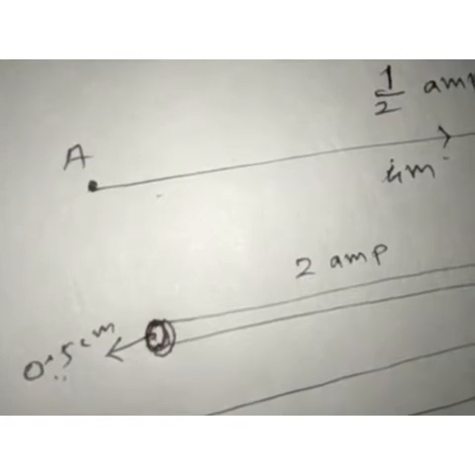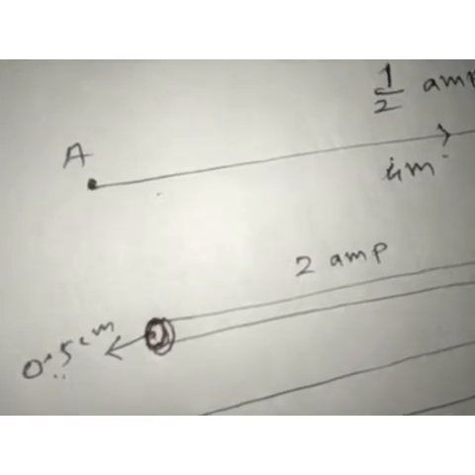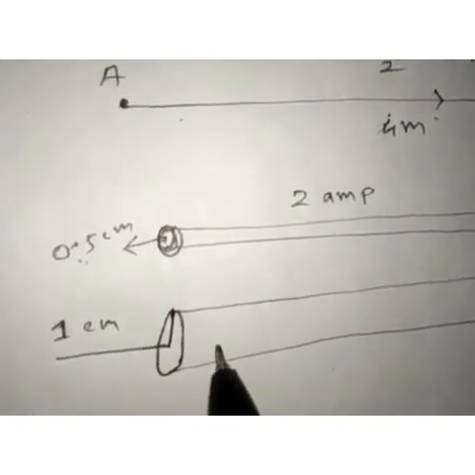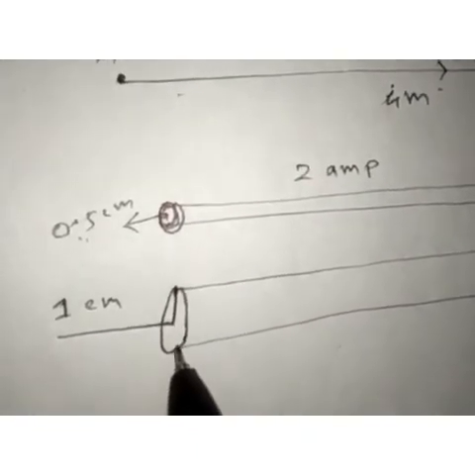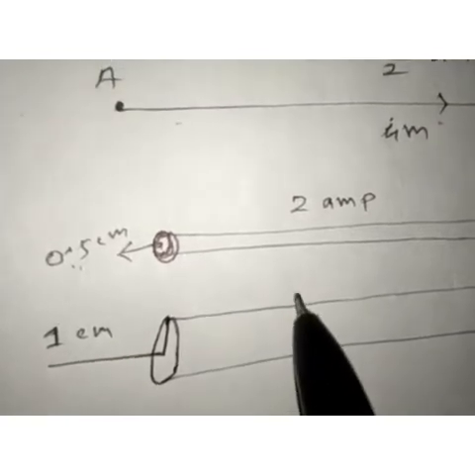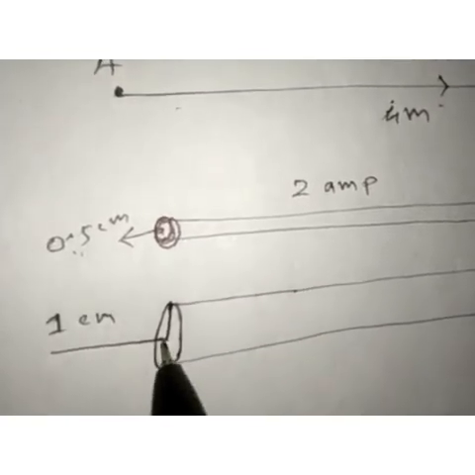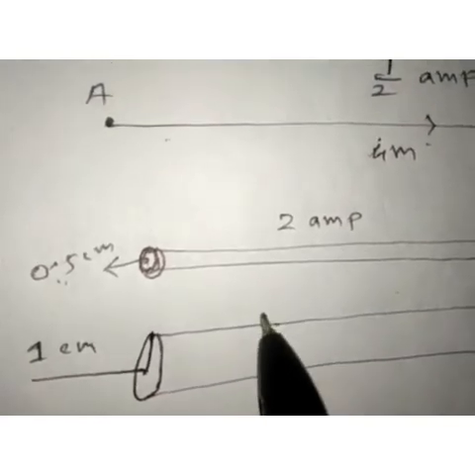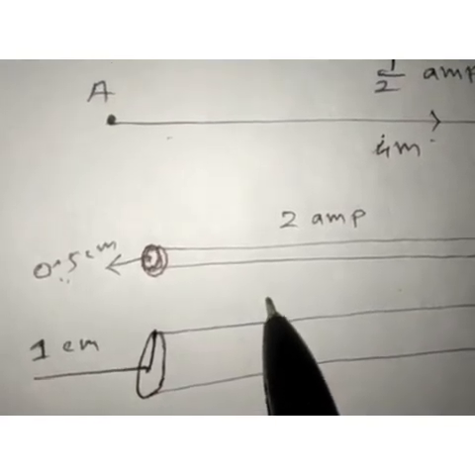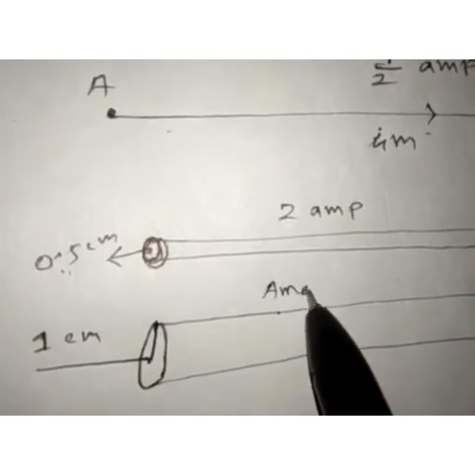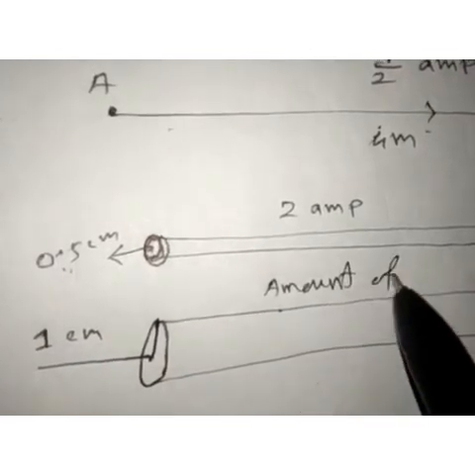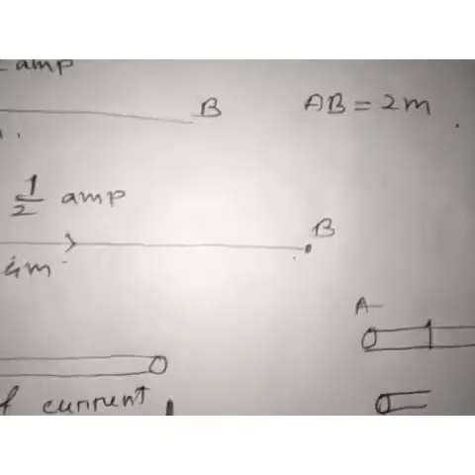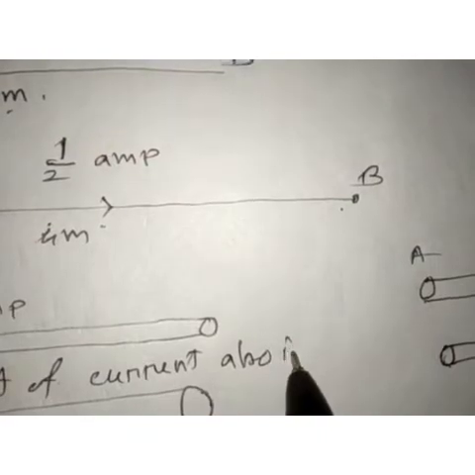Okay, now that means the area of cross section is increasing. Then if the area of cross section is increasing, the amount of current also increases.